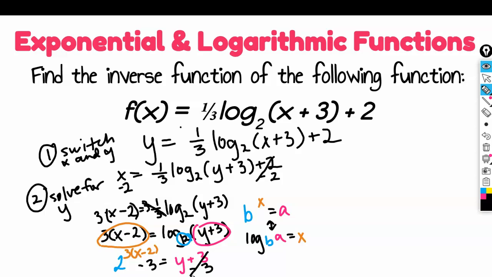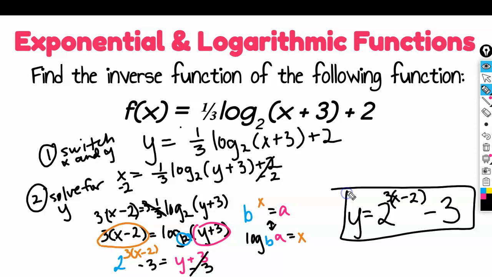And my final answer is that my inverse is y equals 2 to the 3 times x minus 2, and then a minus 3 over here. And this is my inverse of my original function.